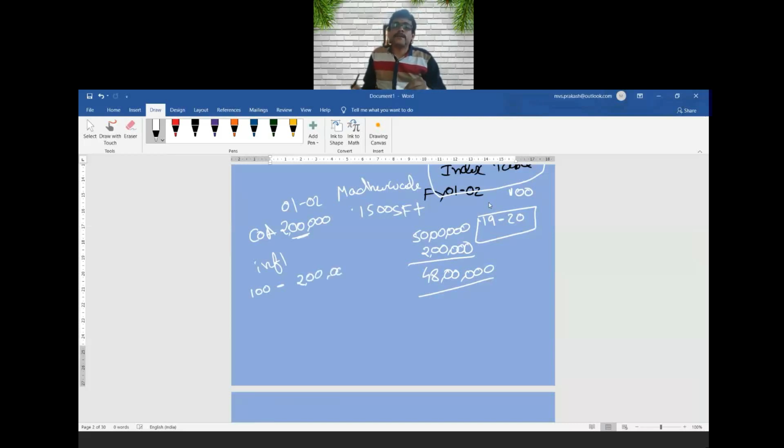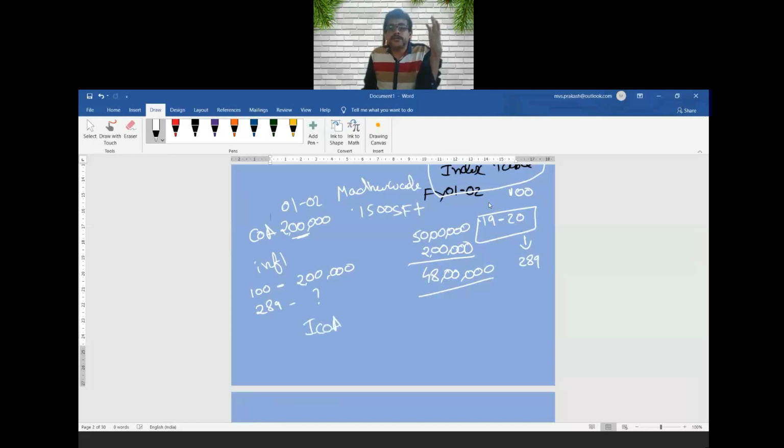Every year we will be getting an index value. The index value for 2019-20 is 289. When it was 100, the cost is 2 lakhs. When it is 289, what is the cost? That is an inflated cost of acquisition. That inflated cost of acquisition is called indexed cost of acquisition.